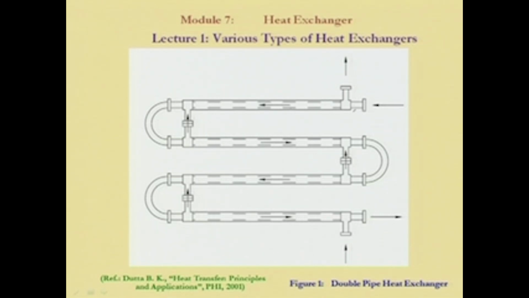The outer pipes are connected by certain flange arrangements, and there is a bend of the inner pipe that is seen here, and then it comes again to the other side. So, that is a U-tube kind of arrangement or helical arrangement of the inner pipe. This is sometimes called a hairpin arrangement.